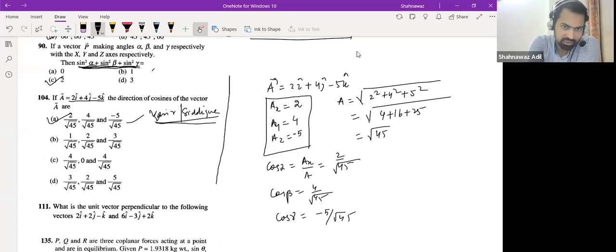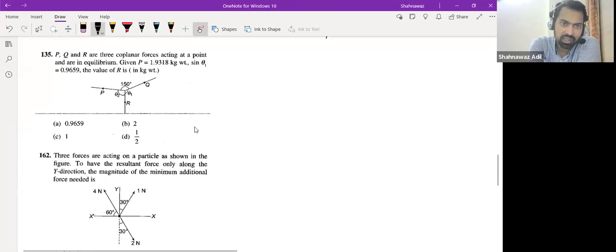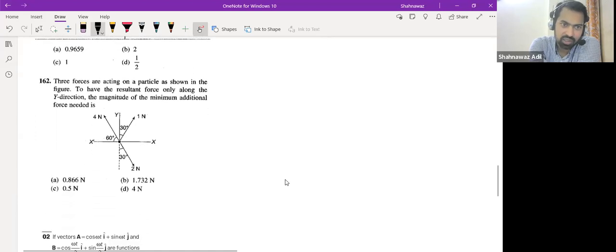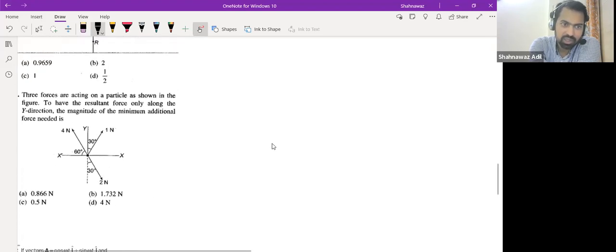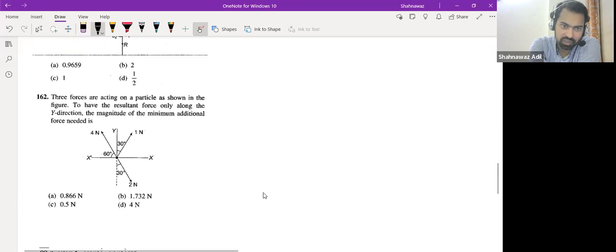And if you have any doubt, Akif, you can ask. Oh, calculation. Yeah. So practice, practice. Okay, and then I can see that the rest of the questions are based on this part. So this part is also about the resolution of vectors.